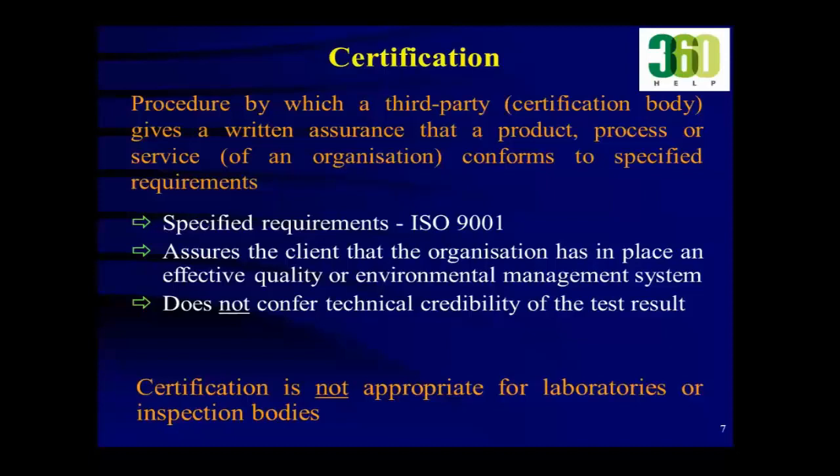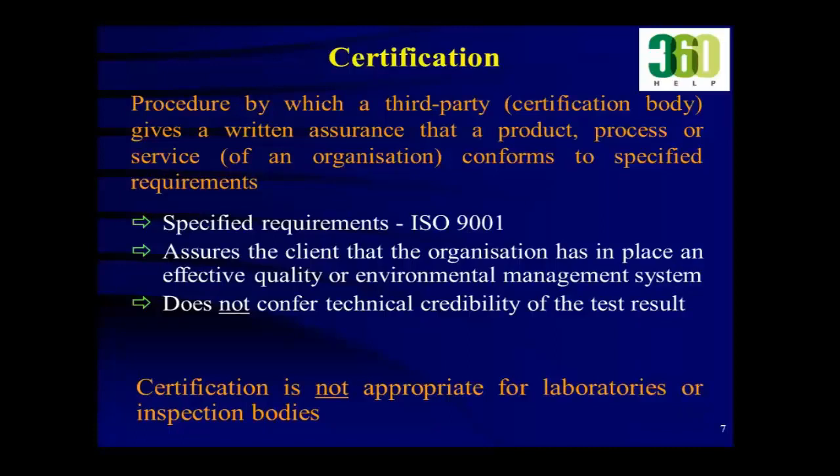When we say certification, it means that we are only bothered about the management part of an organization. So what does it mean? It means that even if it is an IT industry or a shop or a spare part workshop, anything can be ISO certified.